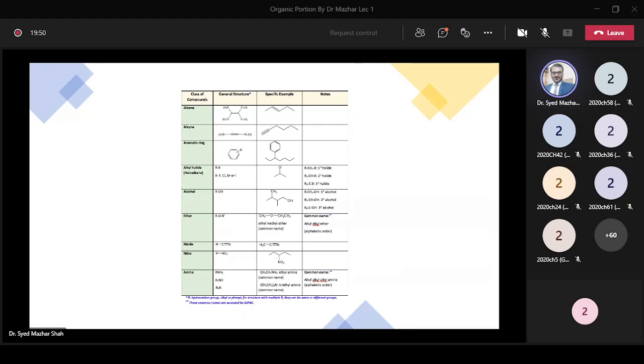Because cyclic compounds have a closed structure, even if you have a six-member ring like cyclohexene, what would be the main difference between that alkene and an aromatic ring, let's say benzene? They don't have alternating double bonds. So in aromatic rings we have alternating single and double bonds.